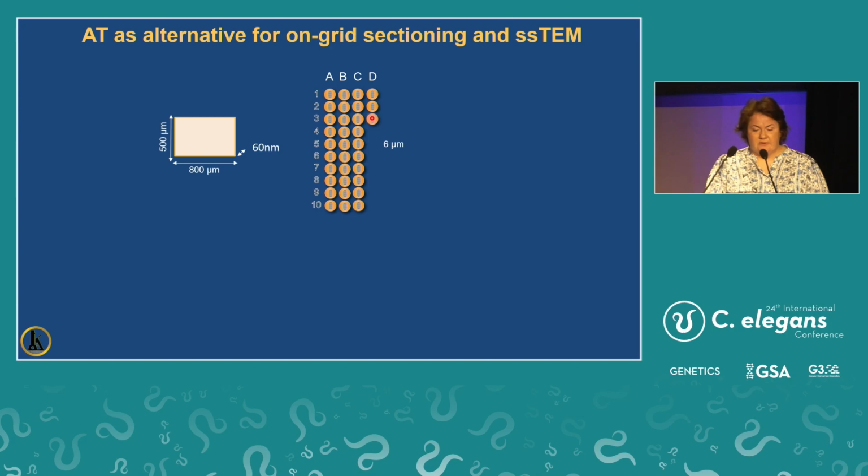I will show you later what it means, but just to give you an idea how much work you will need to invest: if you have this relatively modest size of a section, and you manage to put, given the size of the grid, 3 sections per grid, you will need plenty of grids to collect 100 sections.